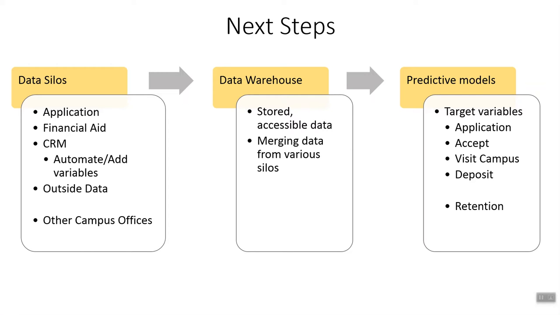So really setting the campus visit variable as a target variable to see who is most likely to come to campus. And then looking back and thinking through our enrollment funnel, even though we have limited data, figuring out which students, which names that we purchase, maybe why we purchase those names, and understanding a little bit more about which students from that pool are likely to apply and move forward in the process.